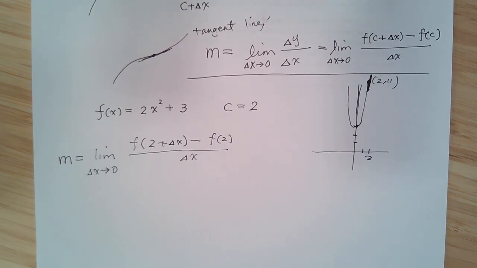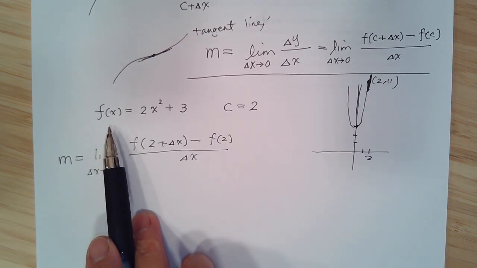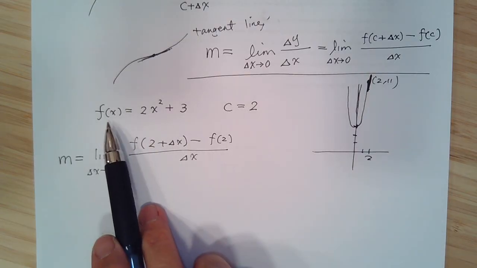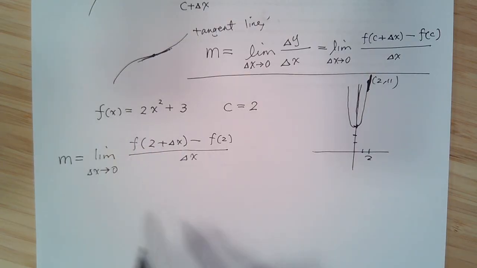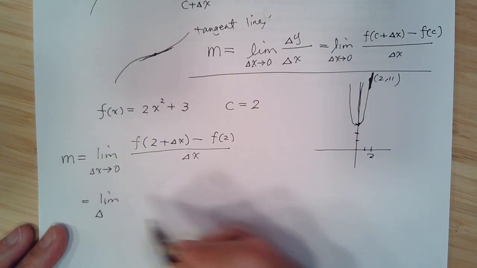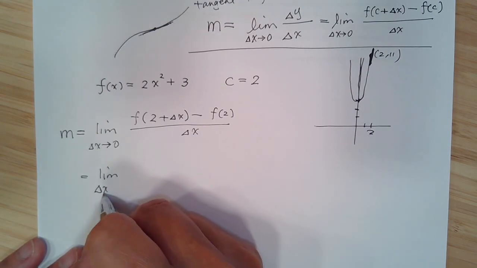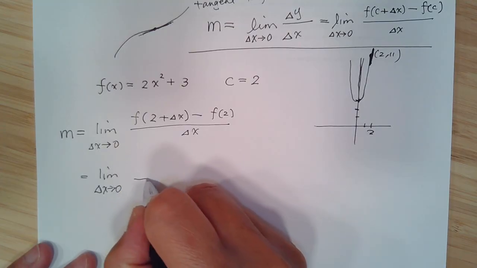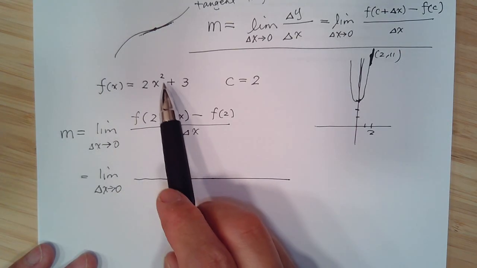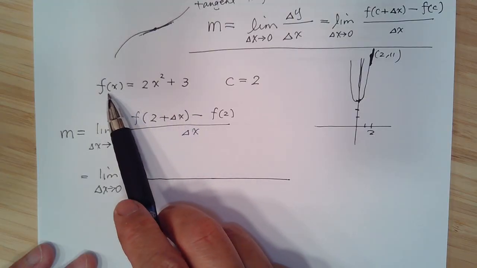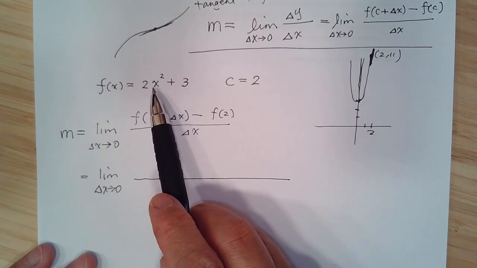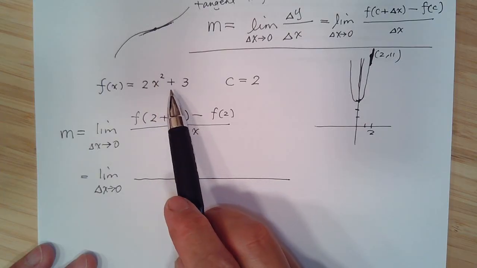And the next step, because I know f of x, so I know what f of 2 is, and I know what f of this thing is. So let me just expand that. It's going to be the limit as delta x approaches 0, and then see what's on top. f of x should be 2x squared plus 3. So f of the independent variable will be twice the independent variable squared plus 3.